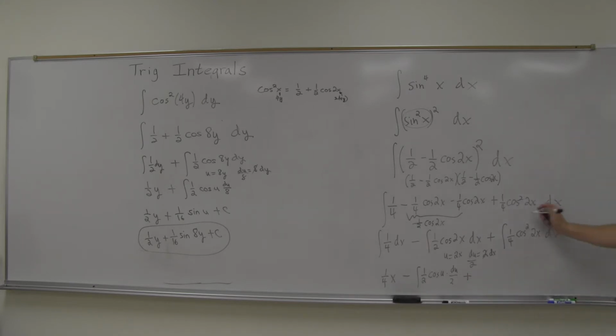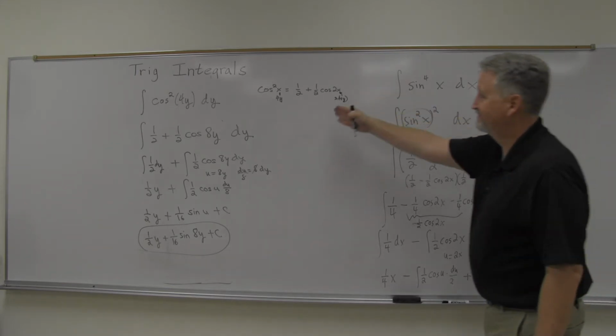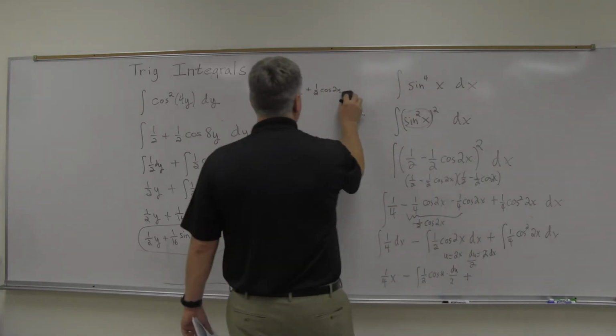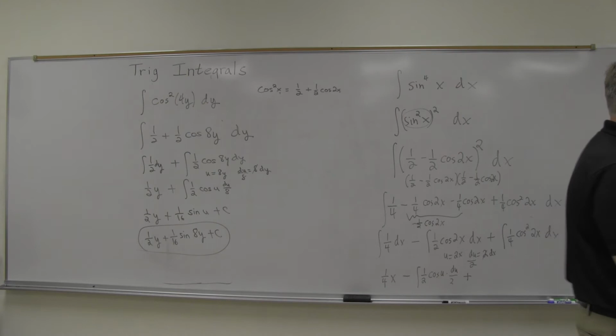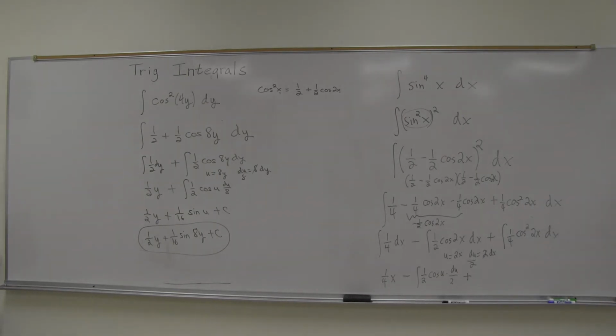Now this one, like I said, is an even-powered cosine, so you've got to do the same thing again. Change it to use the double angle identity for cosine squared. And in this case, it's not cosine squared x, it's cosine squared 2x.